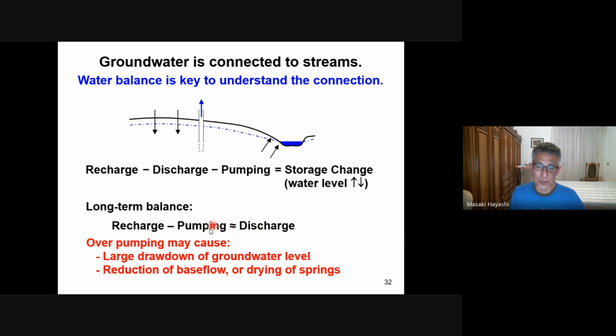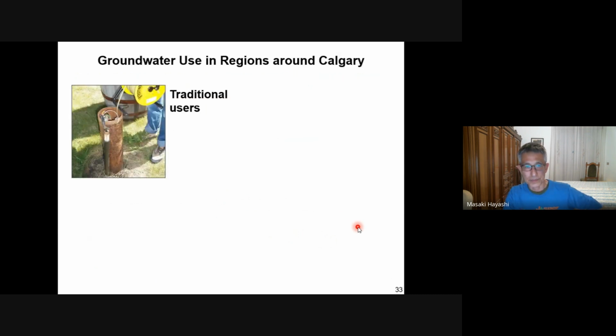In that case, because there's more pumping, and the recharge amount has not changed, discharge has to decrease, maybe decrease to 0. So that will dry up the streams or springs feeding the streams. So we need to avoid this kind of thing if we want to have sustainable groundwater management. So therefore, understanding recharge is the key for sustainability.